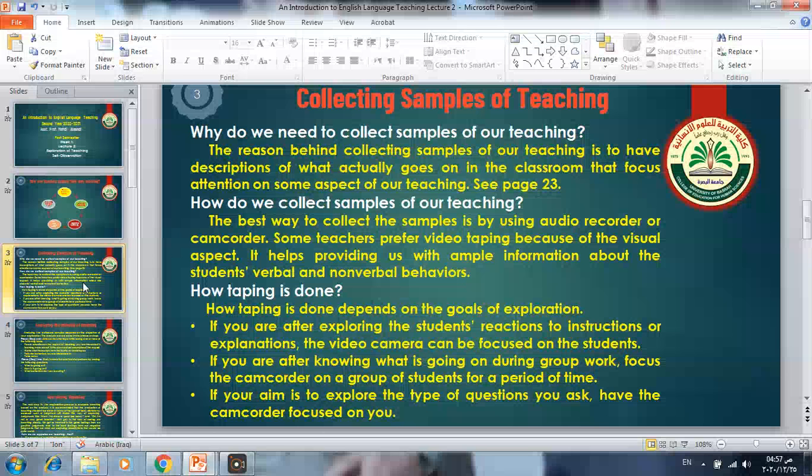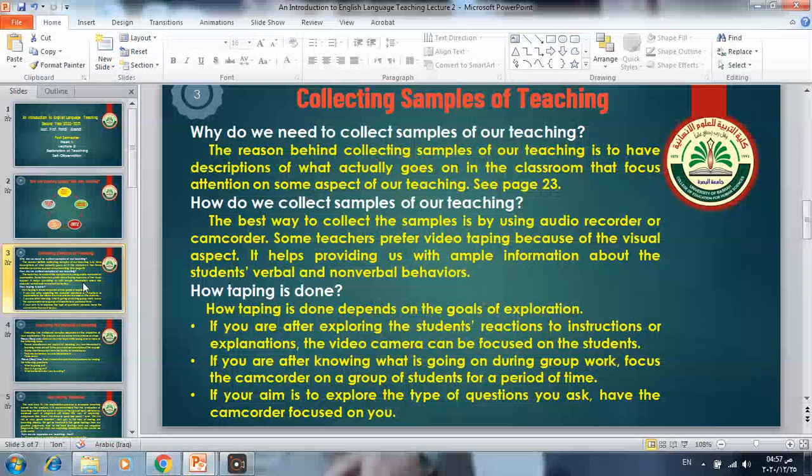Okay, now how is taping done? How do we tape the lectures? How do we tape the lessons? How taping is done depends on the goals of exploration. Now here, if we want to tape the lesson, we should first identify the goal. What is the goal of our exploration?